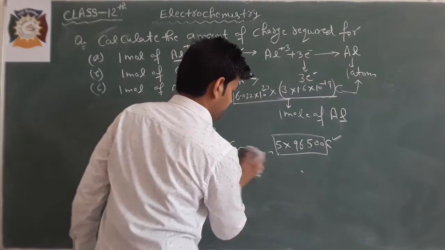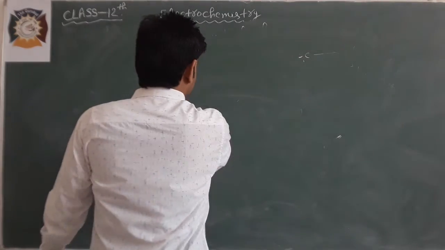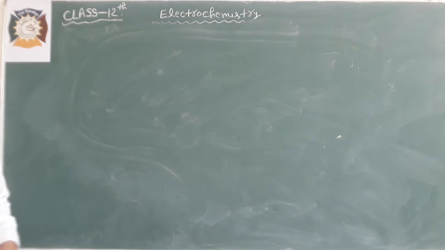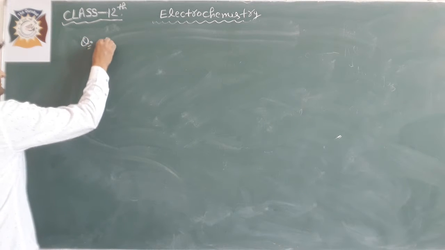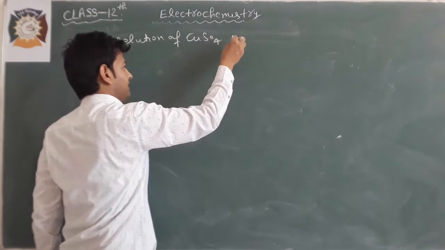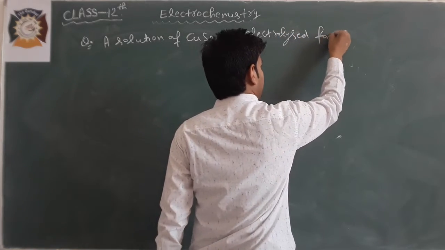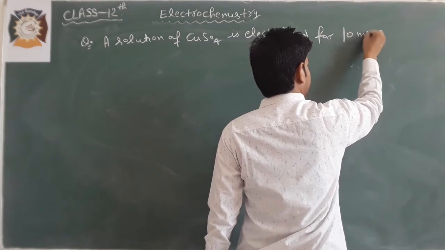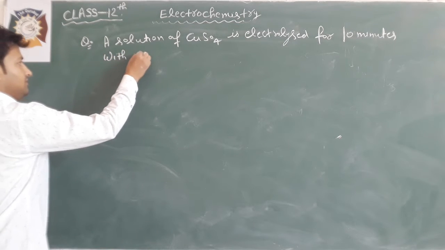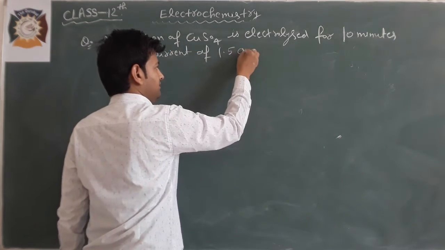These are the important questions. Now the next question based on the Faraday law of electrolysis: a solution of copper sulfate is electrolyzed for 10 minutes with a current of 1.5 ampere.